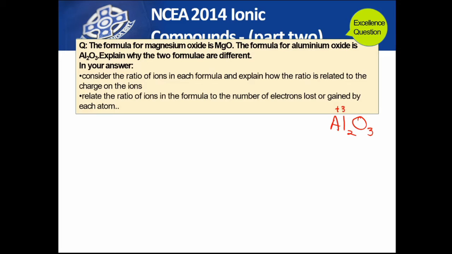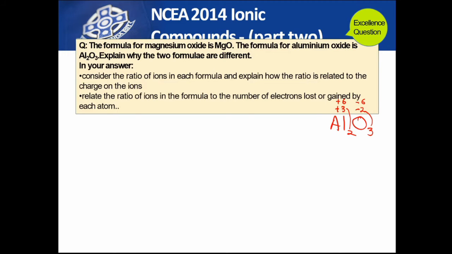Plus 3, and on this side it is minus 2. Okay, and that's why you need 2 of these to satisfy 3 of those. If you look at it, it's going to be plus 6, and this one is going to be minus 6. Therefore, they are balanced, and a molecule like this is a balanced molecule.